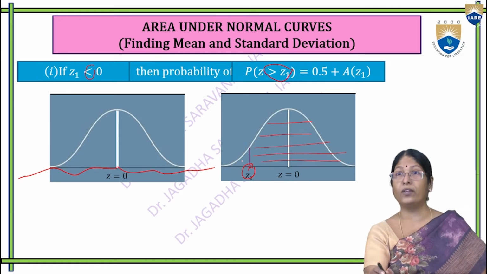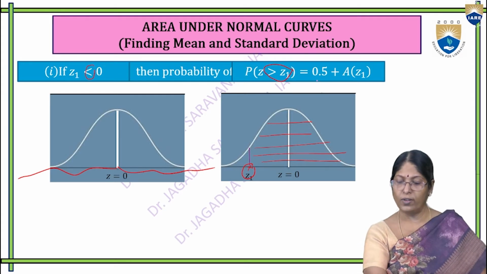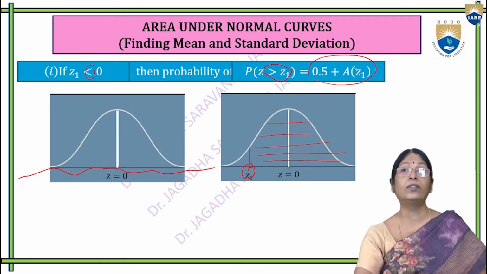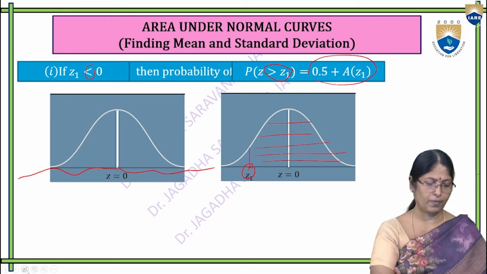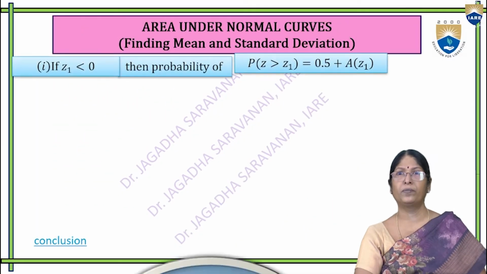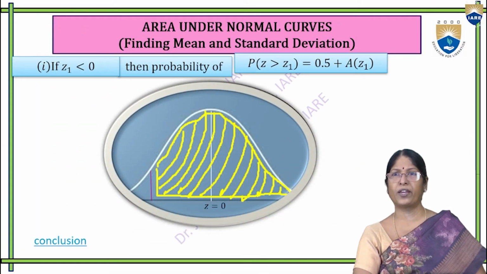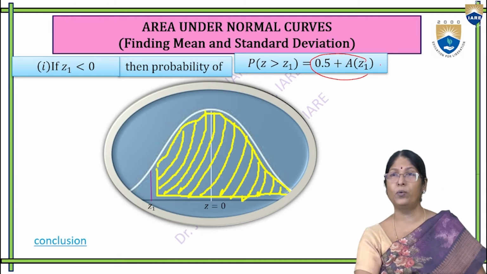The left of z1 is to be neglected. First we have to understand what we are asked to do. The result is also put in this slide: 0.5 plus area of Z1. The more clear picture is given here in the diagram.